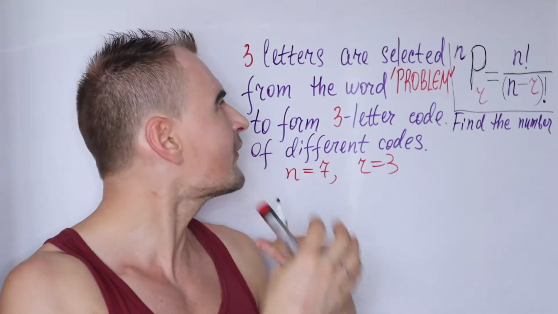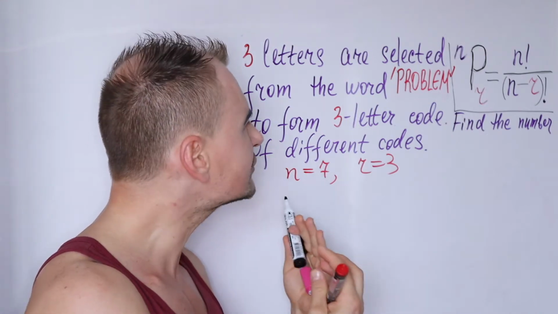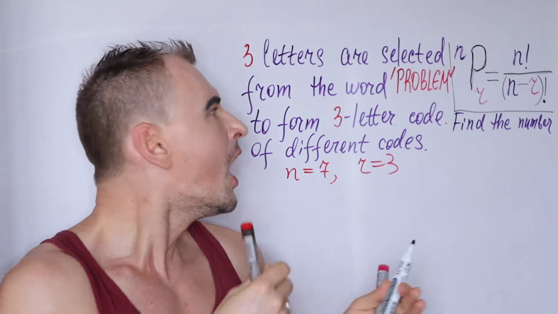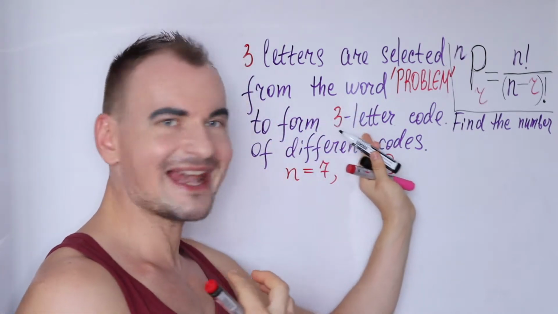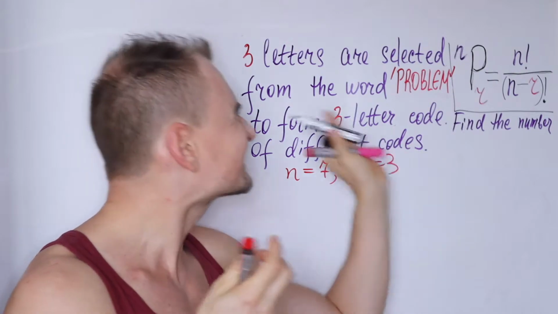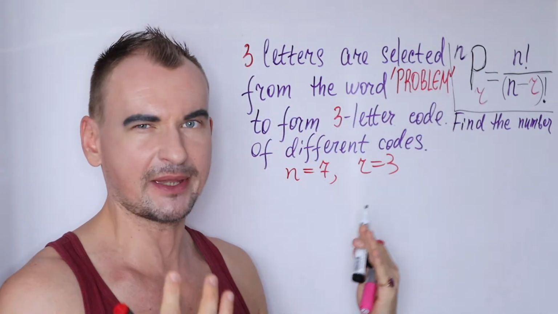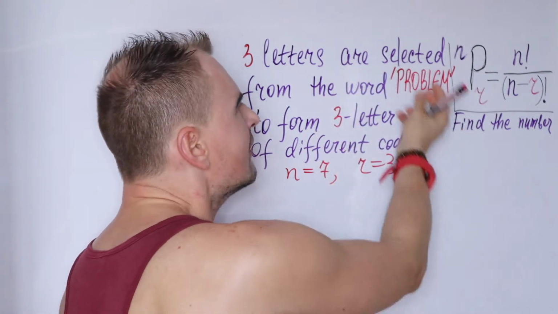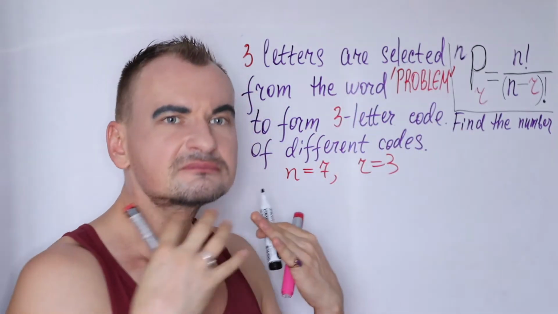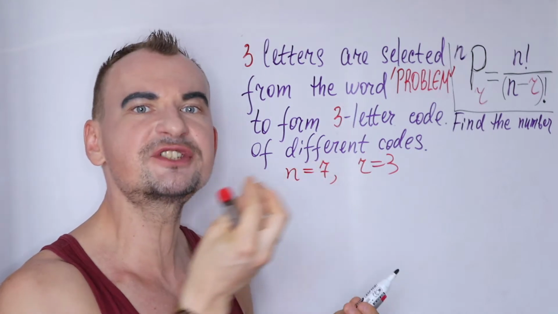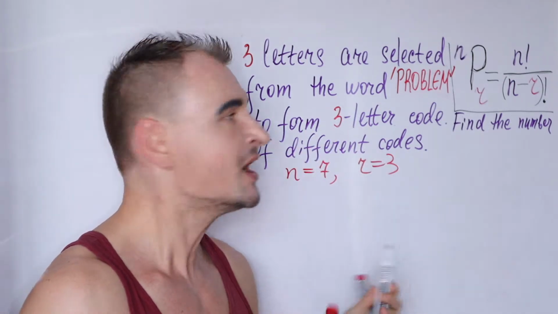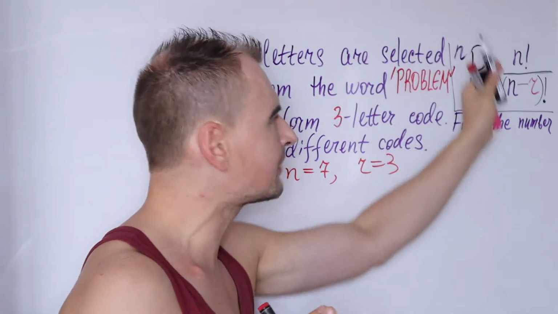So in terms of a permutation, all we need to do is just figure out how many permutations of 3 elements from these 7 elements can be made. So from these 7 elements we are going to pick 3 elements at a time, and all you need to do is just apply this formula.